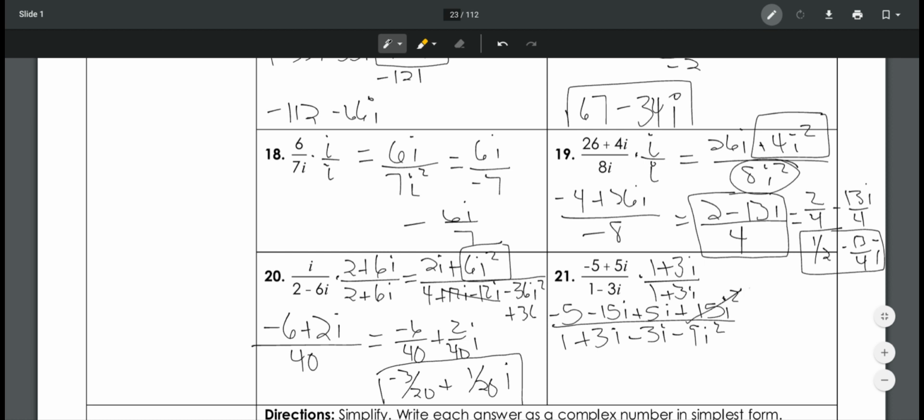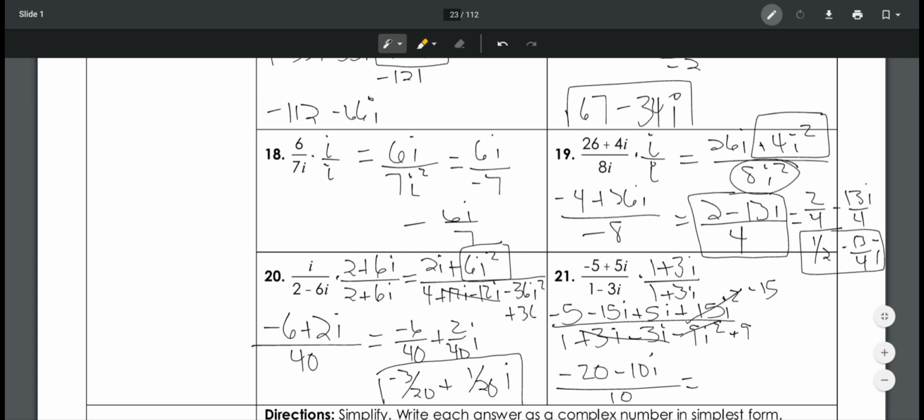This becomes negative 15. This becomes positive 9. So negative 5 plus negative 5 times negative 15, or plus negative 15, is negative 20. When I add my bi values, I get negative 10i. Across the bottom, the 3i's will cancel, and 1 plus 9 is 10.